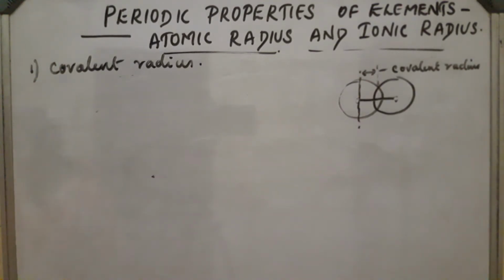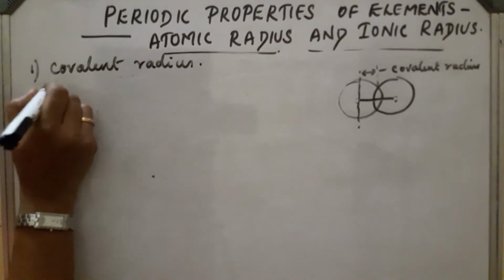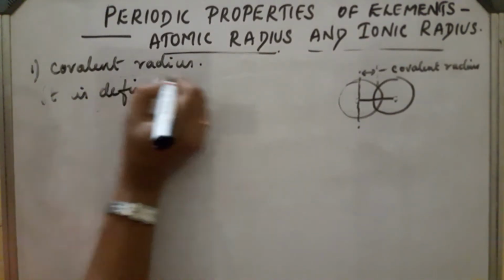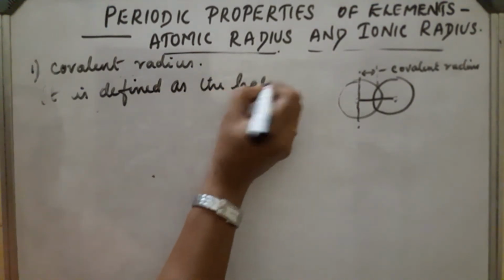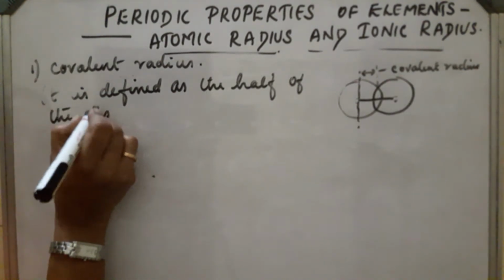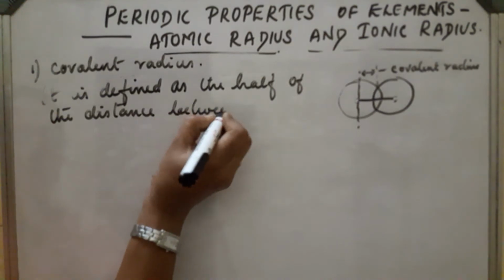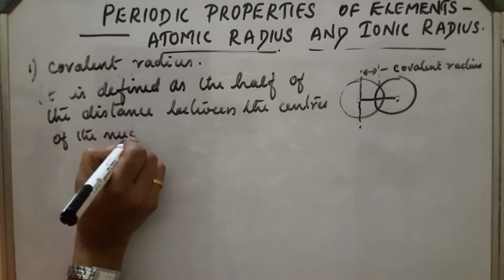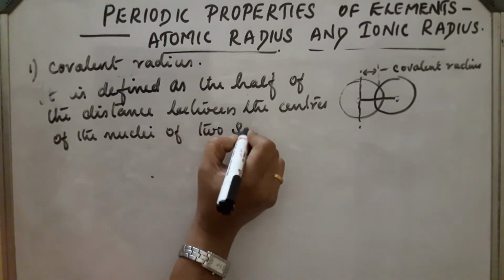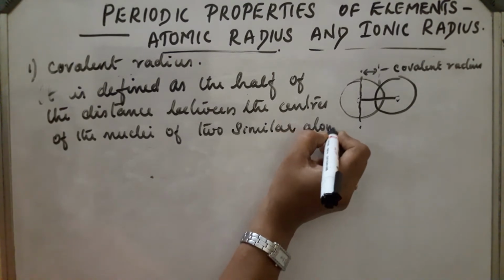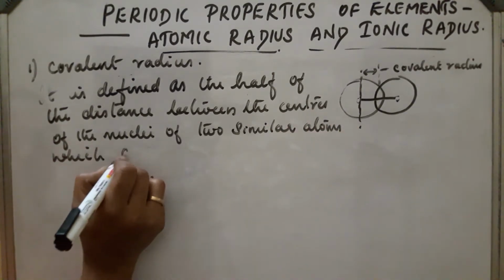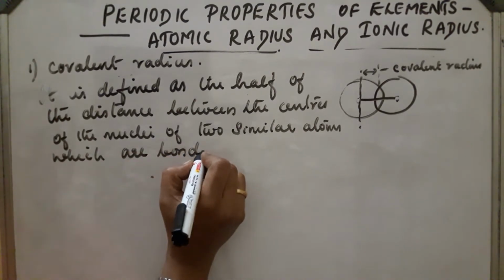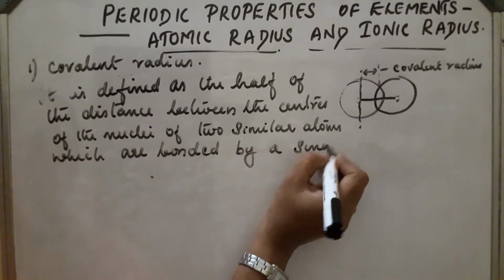Covalent radius is defined as one half of the distance between the centers of the nuclei of two similar atoms which are bonded by a single covalent bond.